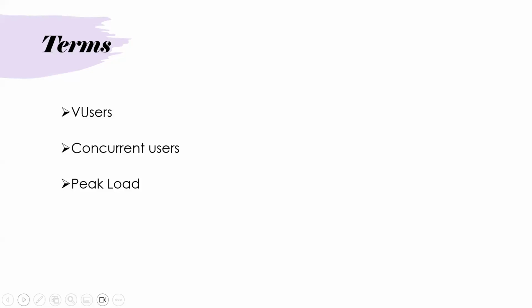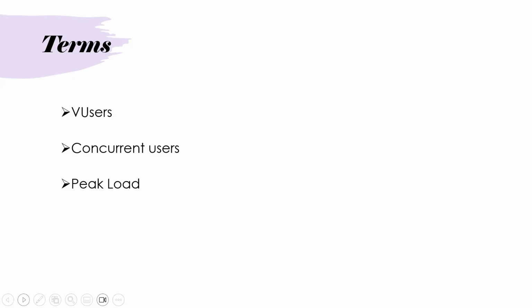For this, we use a script, we record all the real user behavior into a script and we use it as one single user. The second term is the concurrent user. Concurrent user means in a given time how many users are accessing the system concurrently.